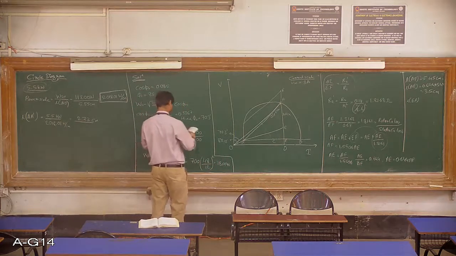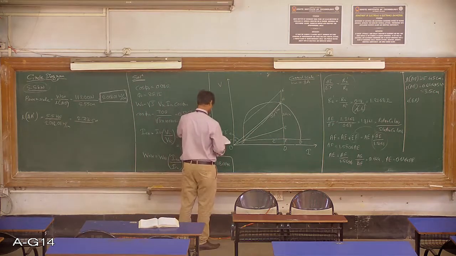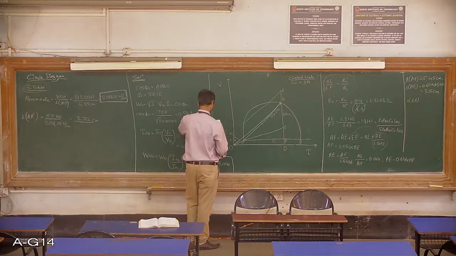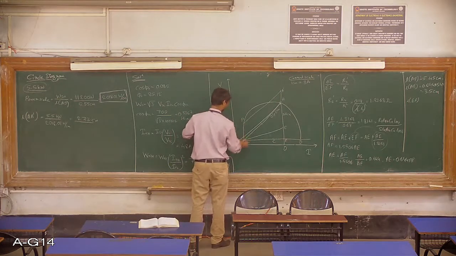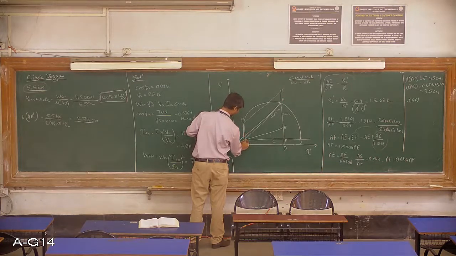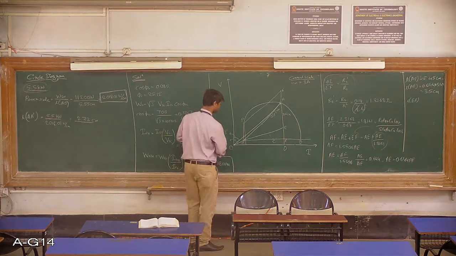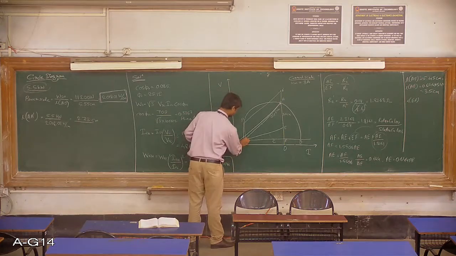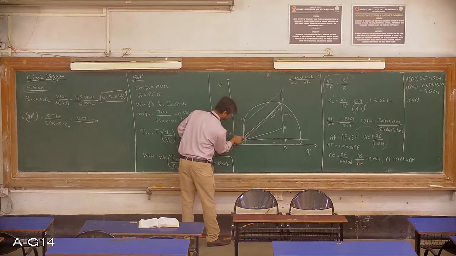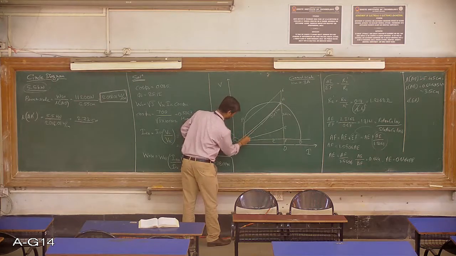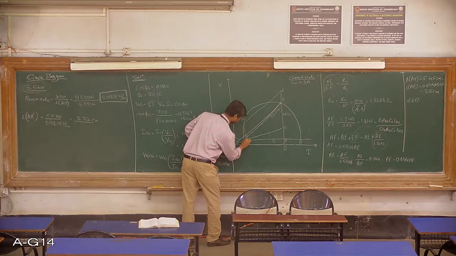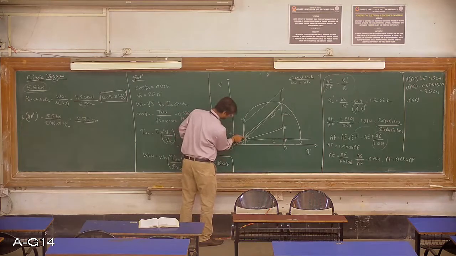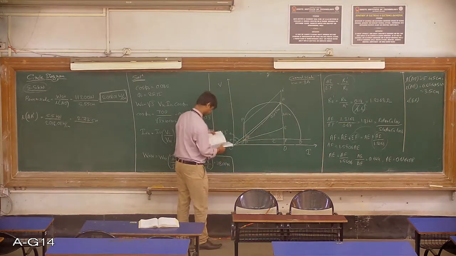I am naming that point as P, and draw a vertical line downwards till it reaches the x-axis. The line where it is intersecting with the output line is named Q, and this is R, and this is S.